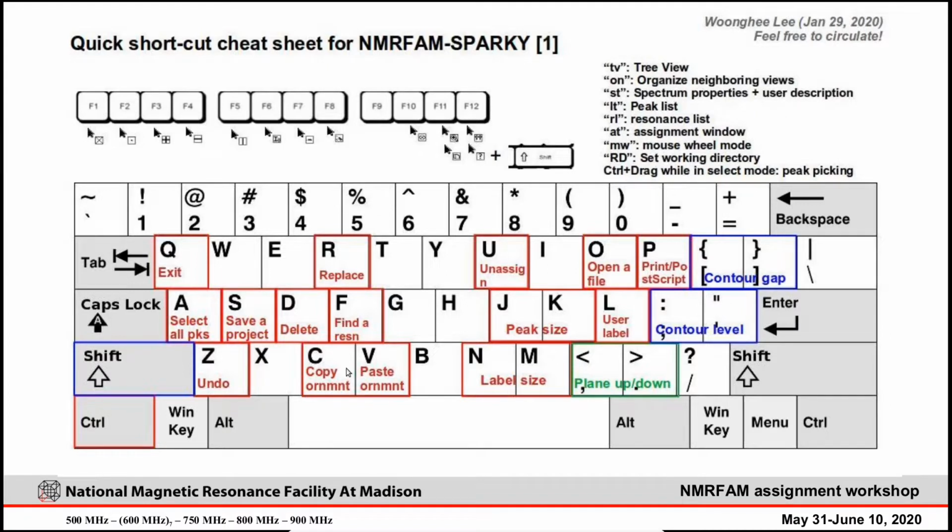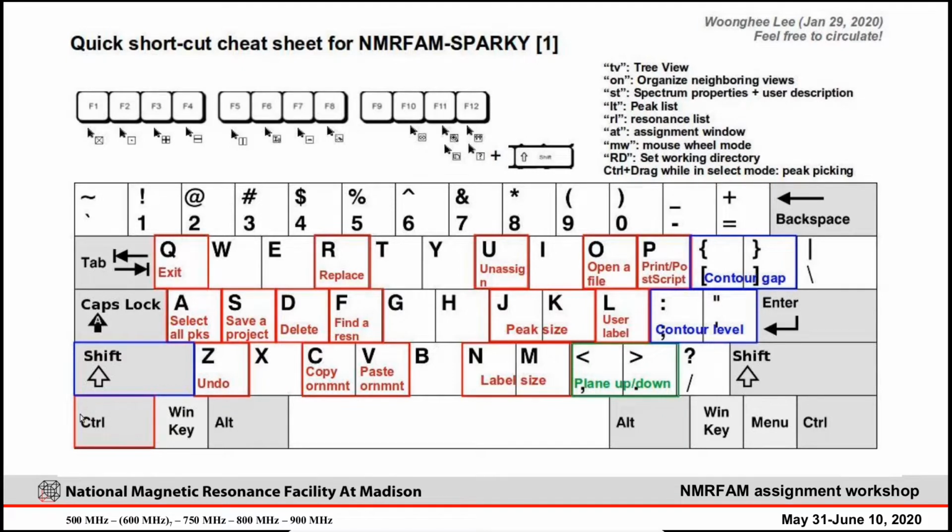And there are other useful control associated shortcuts, such as select all picks when you hold control and press A. So it's the same as Office programs. You can select all the writings in Office by control A. So when you do that in NMRFAM Sparky, it's going to select all the picks.